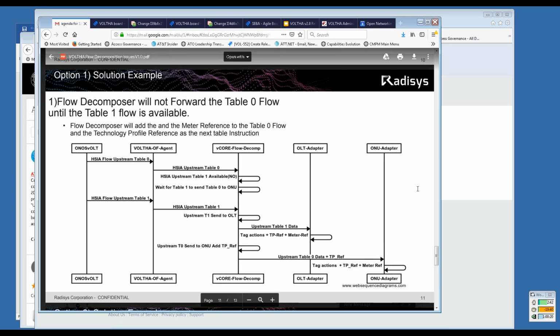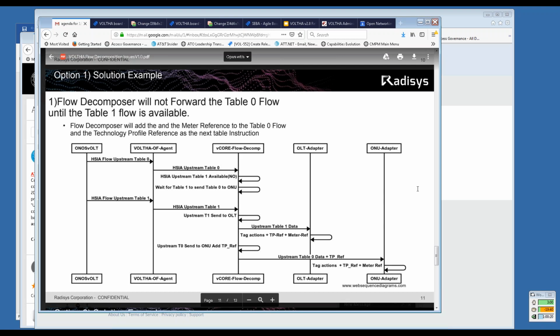Is there something that matches them? Isn't there some kind of flow ID? Is it the cookie? No, the table ID is part of the flow. Yeah, it is, but it's two separate messages, right? So the question is, I get table 0, then I get table 1. How do I know table 1 is related to table 0 for this flow? No, you don't. It's not done that way.